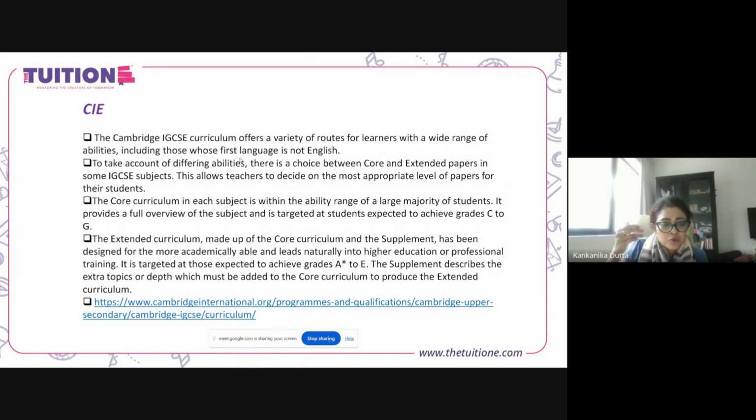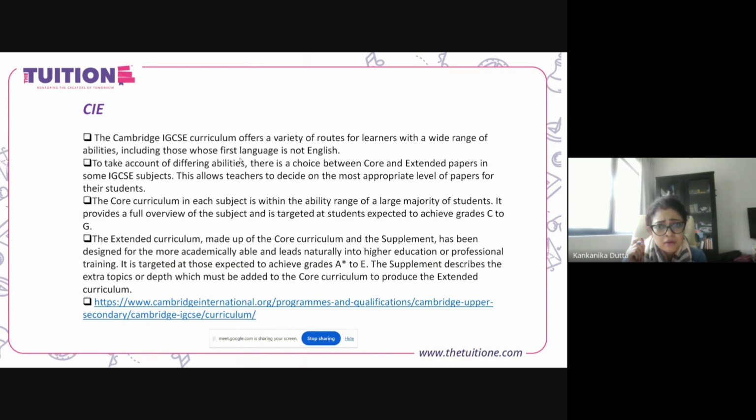Generally, if you have any SEND students, the special education needs students, they'll be doing the lower tier paper, which is mainly designed for them. It is not only a diluted version of the higher tier paper, but very different topics are also taken in the lower tier paper that you will see in the Edexcel GCSE.